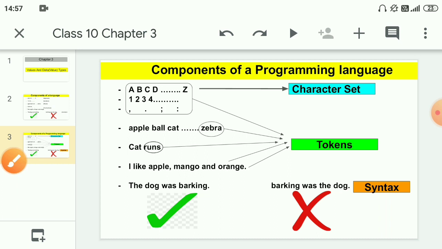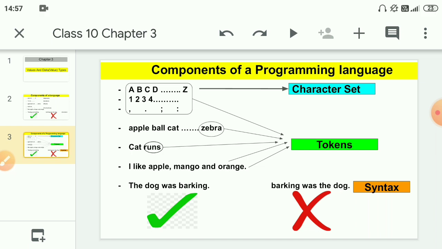I hope you can see these similarities between a normal language and a programming language. This chapter consists of only three components: character set, tokens, and syntax.